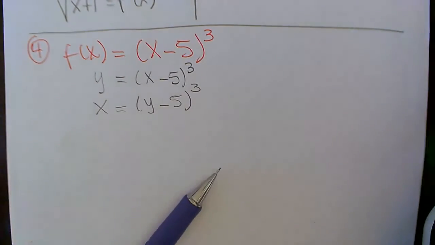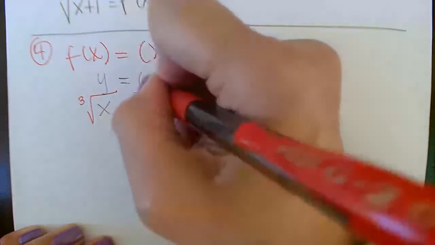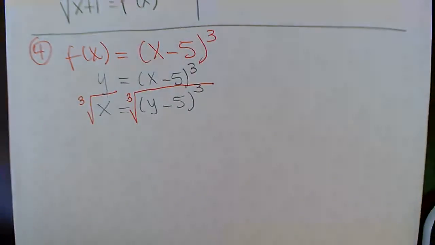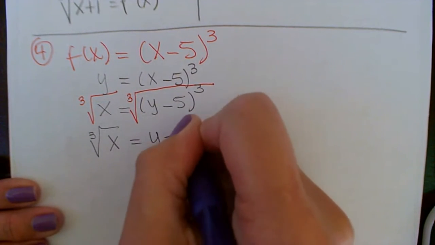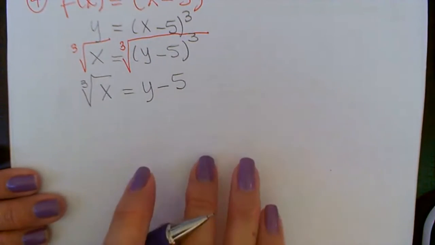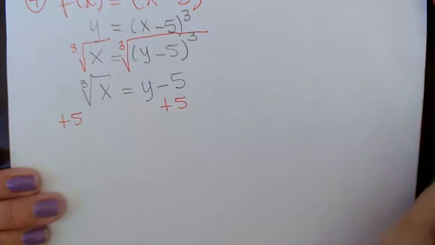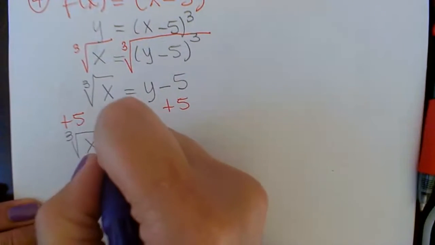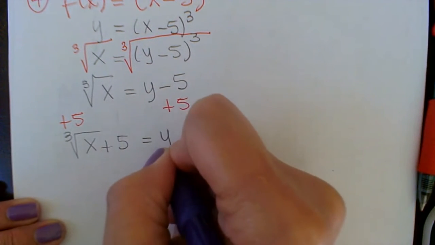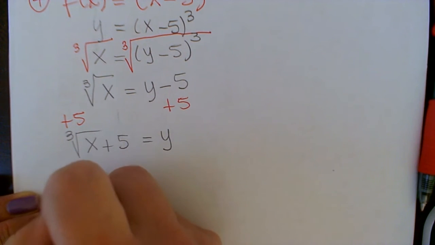Now, solve it for y. What do I need to do? I'm going to apply the cubic root here. So this is going to stay the same. And this one is going to be y minus 5. Okay, so now I'm going to add 5. And I did plus 5 equals y. Okay, we can change this one too.